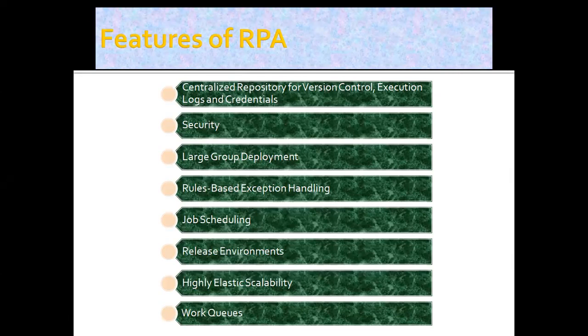Okay, the security. In the initial days, in banking sectors, many clients were worried about the security, how we'll handle the security. These days, any RPA tool like UiPath, Blue Prism, Automation Anywhere, and there are 10 plus other tools, I'll show you those tools in the market for RPA.